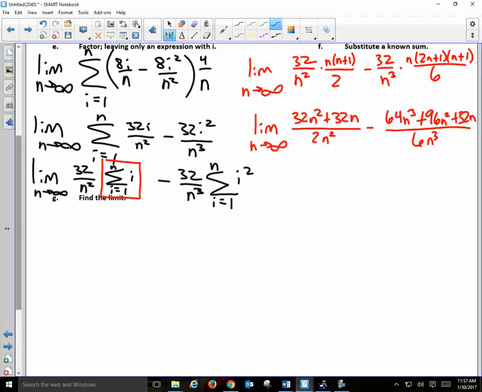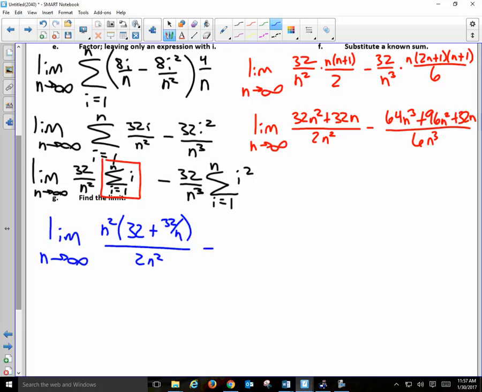Okay, find the limit. Fortunately, this isn't a big deal for us. We know how to do this. We practice this many times. n goes to infinity. What do we take out of the top? n squared. We got 32 plus 32 over n over 2n squared.